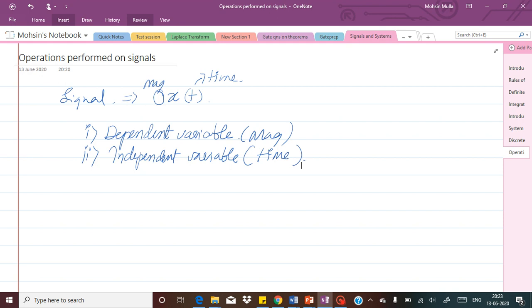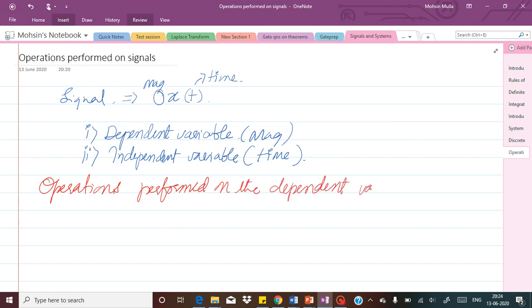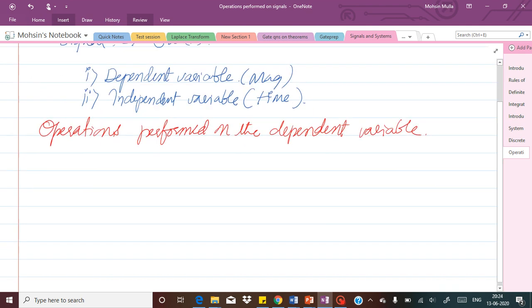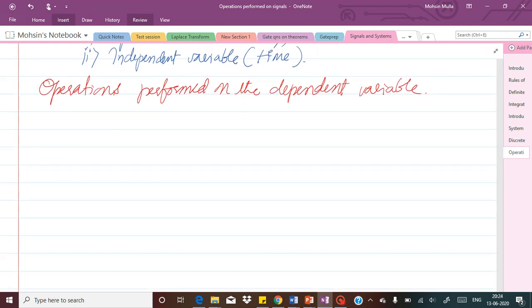Now let us first understand the different operations performed on the dependent variable. The very first operation is amplitude scaling.